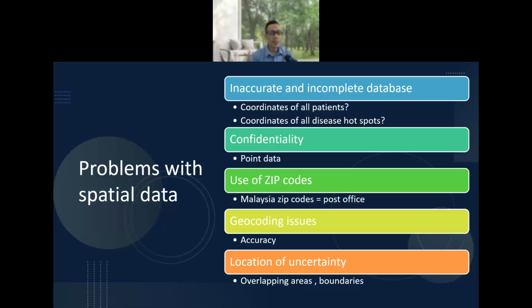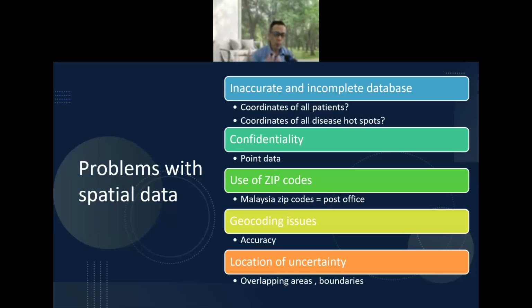For example, Pasir Mas, 17000. So it actually tells us that the postcode is served by Pejabat Pos Pasir Mas. And usually it has like 10 to 20,000 houses.